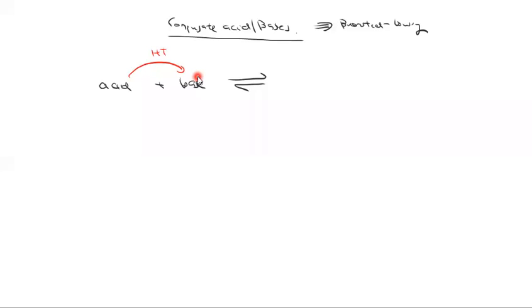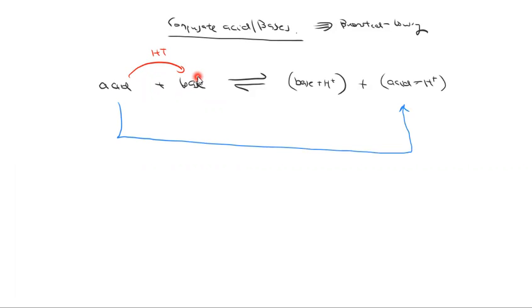Because the base is going to accept an H+, you end up with the base plus an H+, and the acid minus an H+. Those are your products. We consider that the conjugate base of the acid, and this the conjugate acid of the base.